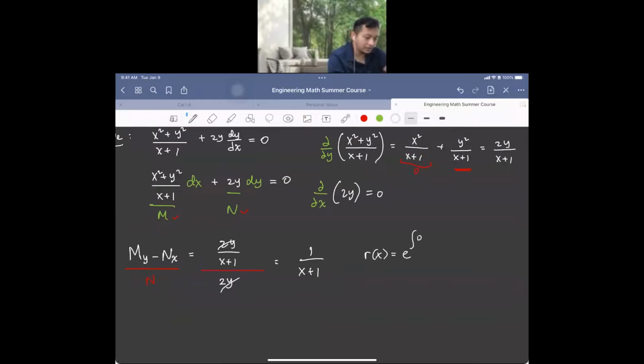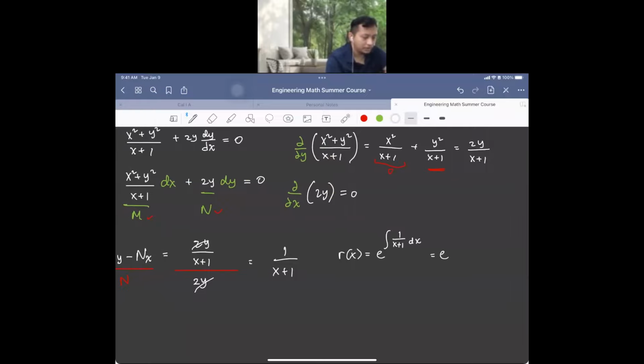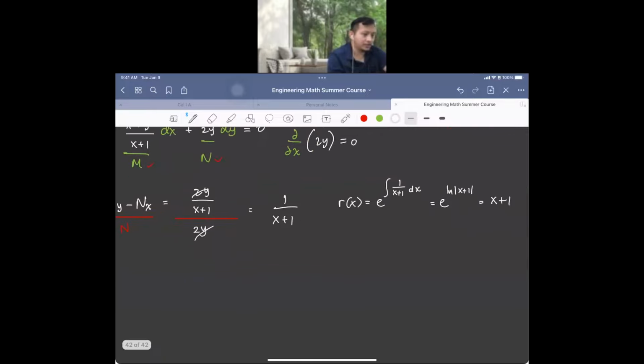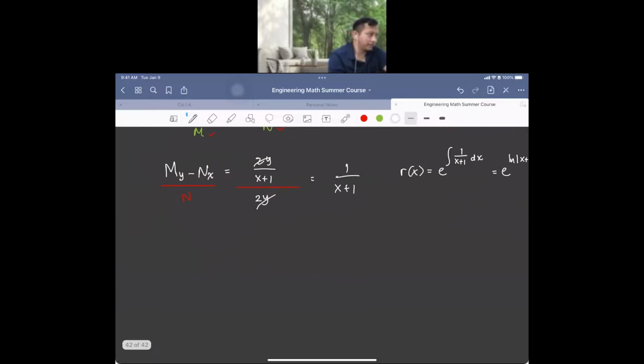The integrating factor is e to the integral of 1 over x plus 1 dx. We can simply integrate this, which becomes ln of x plus 1, and so the integrating factor is x plus 1. The next step is to multiply.